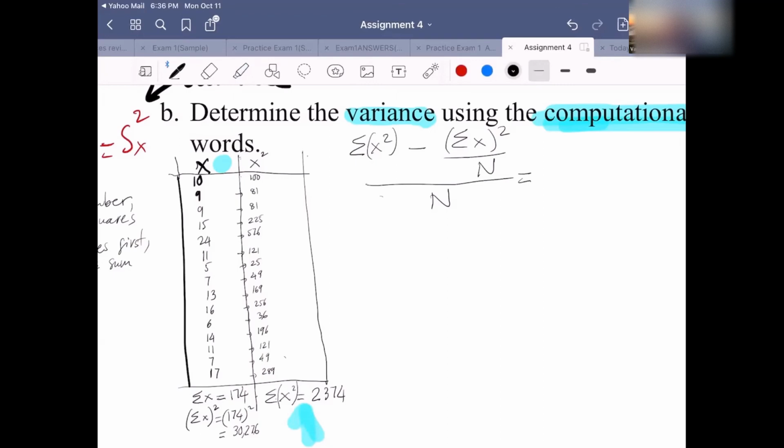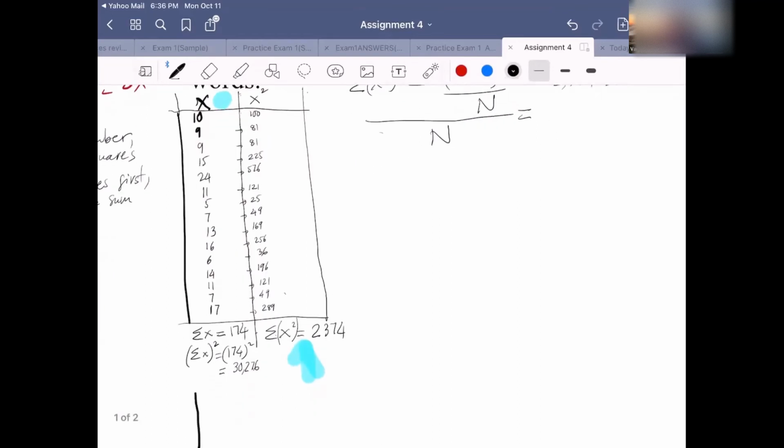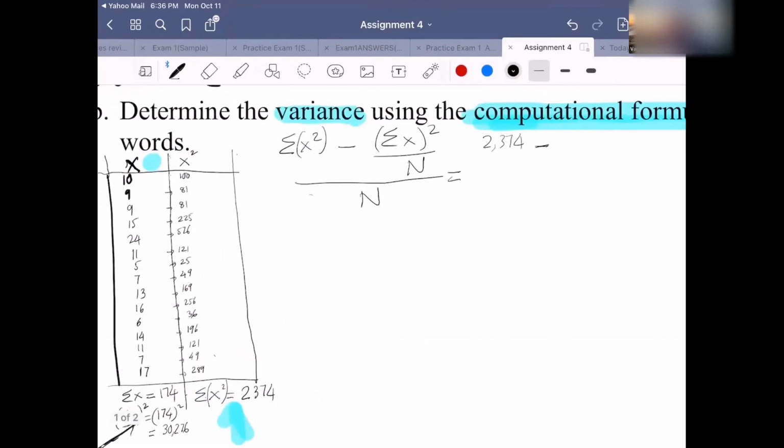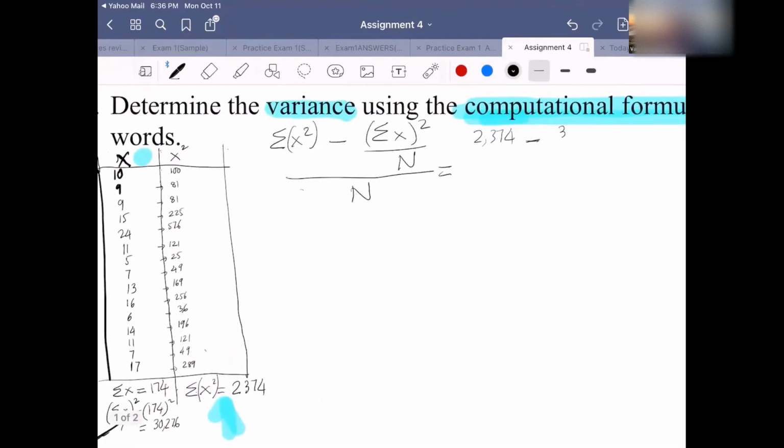Then minus the sum of x, squared, which is this one right here, 30,276. Just in case you got a different answer, let me know. And then divided by n, which is 15, the sample size, and then divided by the sample size again, 15.